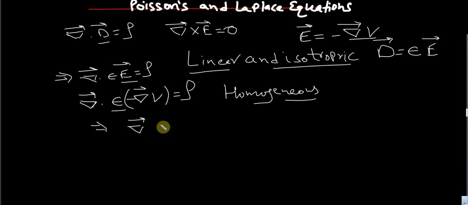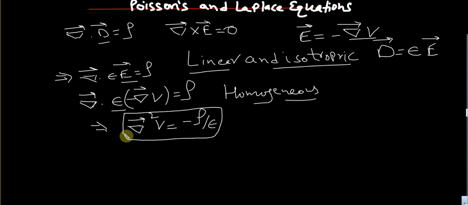So it will be taken out, and it implies that divergence of gradient of V will be equal to del square V is equal to minus rho by epsilon. So this is the Poisson equation. And what is this del square?